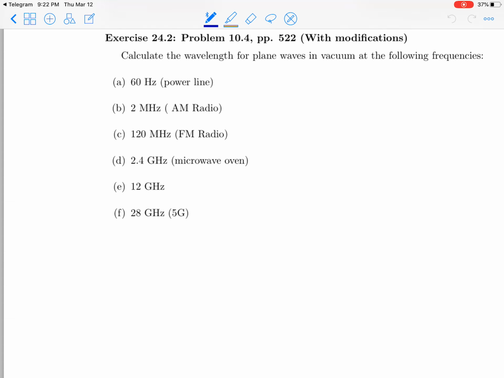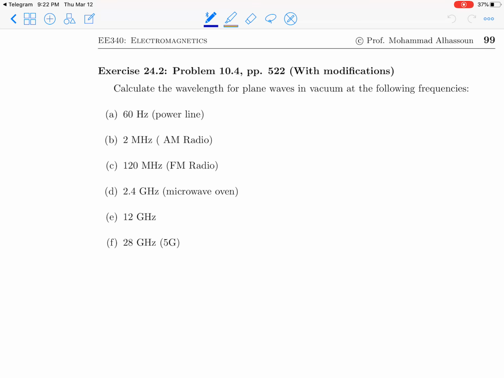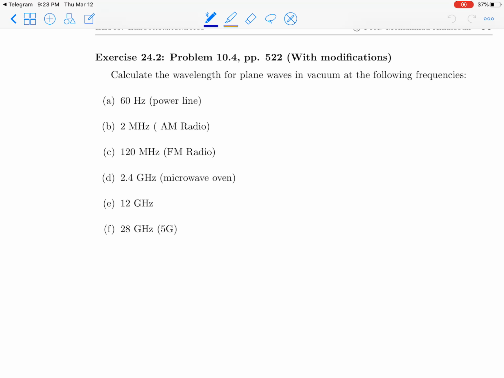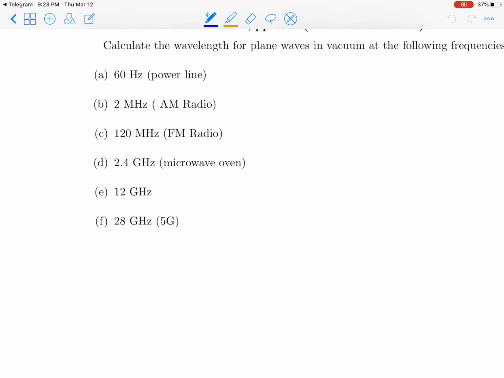So now let's solve another example. We are asked to calculate the wavelength for a plane wave that propagates in vacuum, and we have multiple frequencies. The question in your book consists of 4 parts: A, B, C, and D. I added 2 parts to make it more interesting.